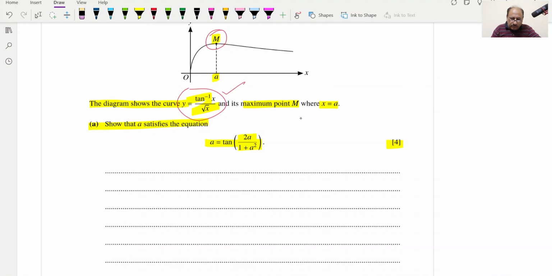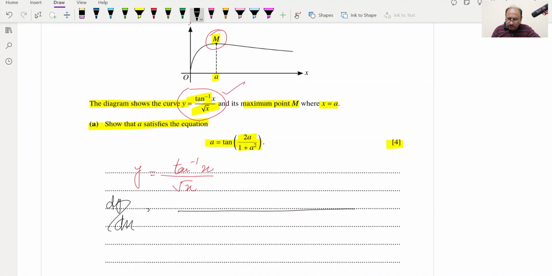So first we will find the derivative. So y is equal to tan inverse of x over x under root, and now we can find the derivative. So dy over dx will be equal to u over v formula.